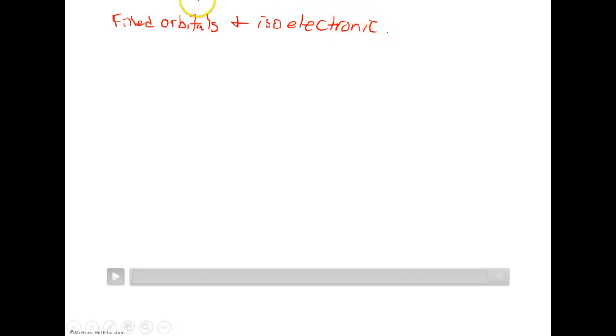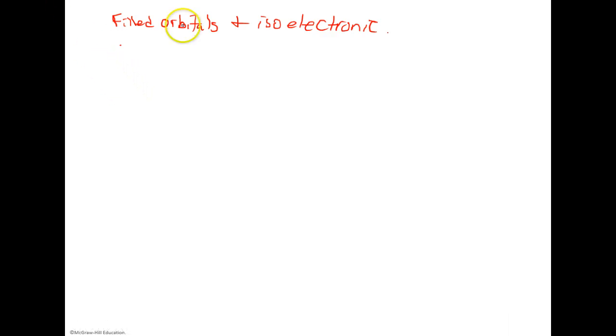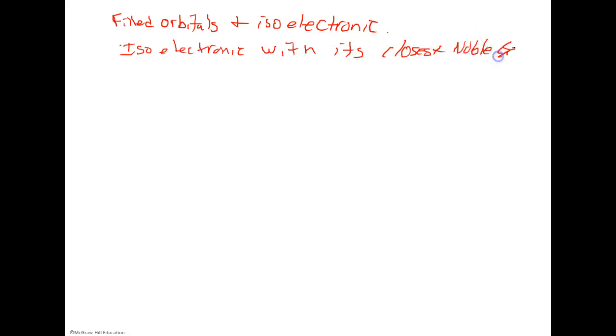Every atom, everything wants to be isoelectronic with its closest noble gas. Remember, isoelectronic means the same electron configuration, different atom.